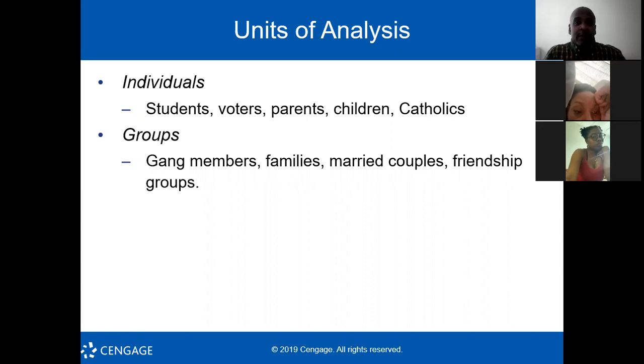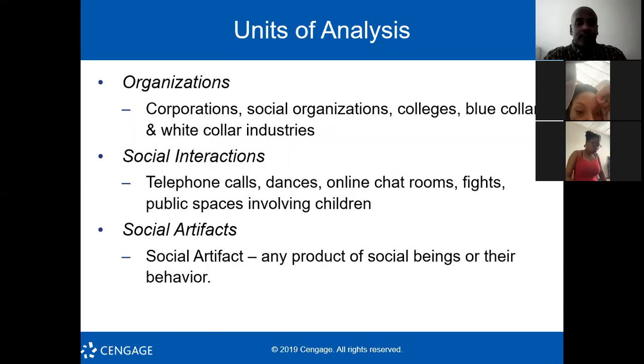Diamond, you're looking at female-headed single-parent households versus male-headed single-parent households. Another unit of analysis can be organizations, where you may want to look at the cultural norms if you worked at Google or if you worked at Amazon.